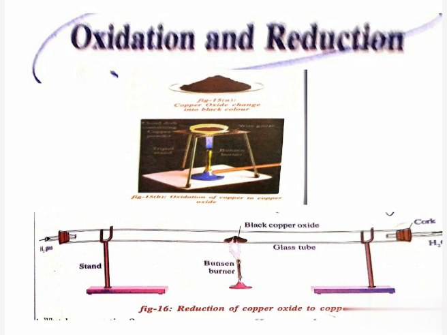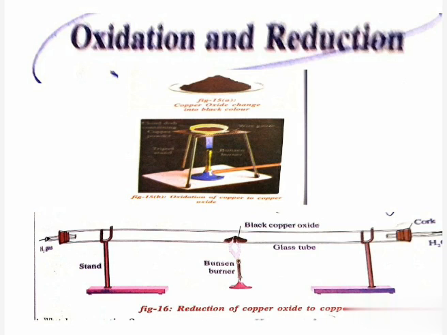Once you observe the left side of the glass tube, we are passing hydrogen gas. Then is there any change in the color of the black colored copper oxide powder?